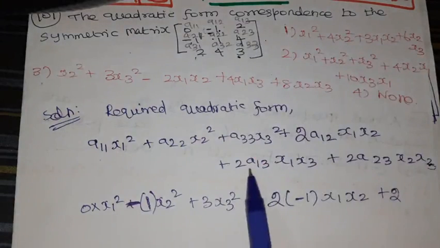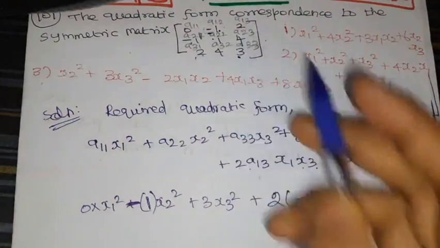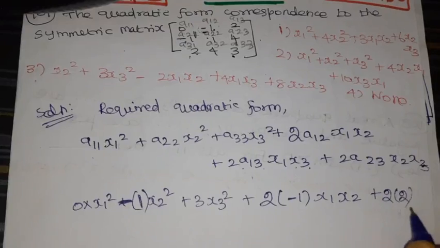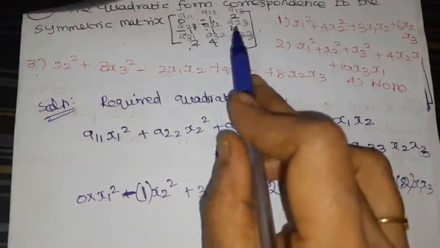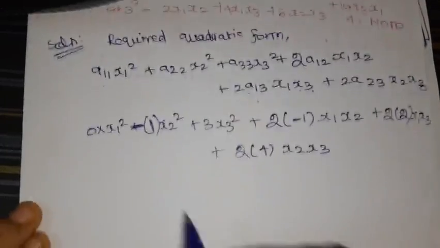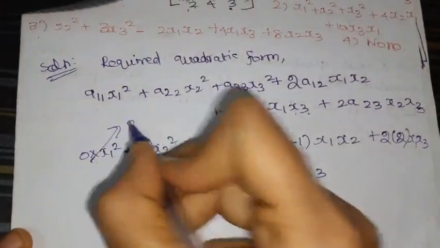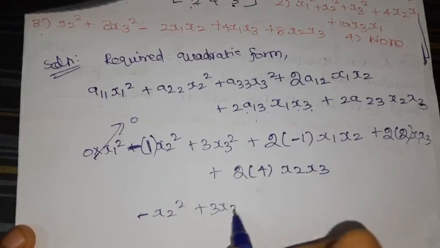So here, 2a13 x1 x3 means 2 into 2 x1 x3, then 2 into a23, which is 4, into x2 x3. So this is 0.